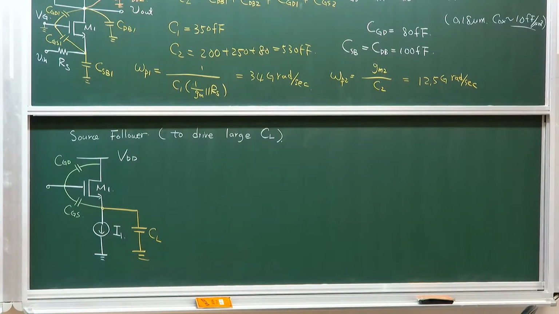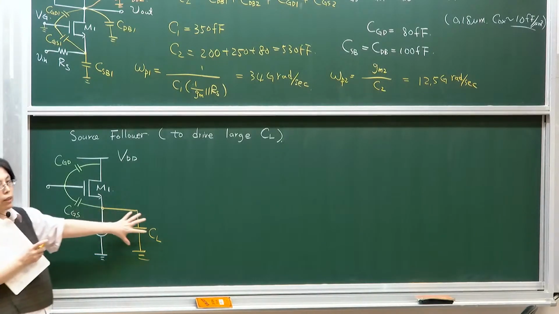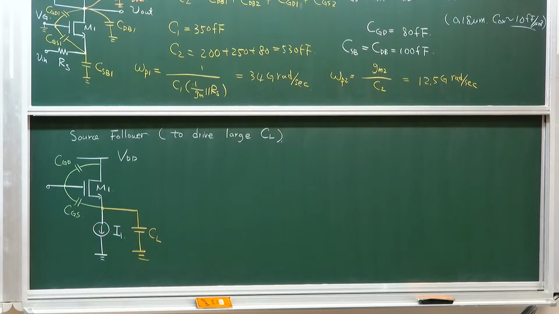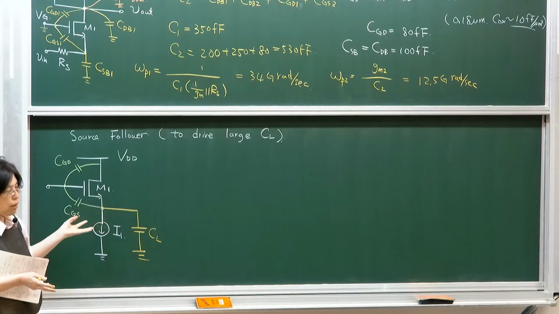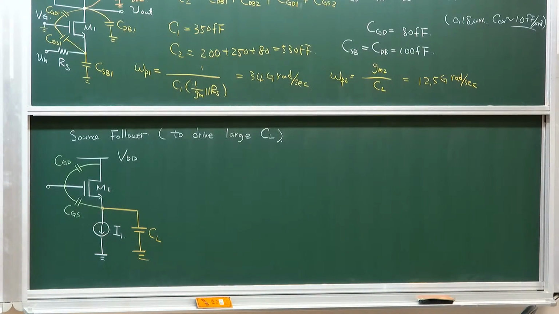Okay? So in this case, we'll then encounter two parasitic capacitances. We're going to ignore the source-to-body capacitance because this is much, much larger than all the parasitics. These are much, much smaller. So I'm simply going to ignore that. This is a large capacitance, so the CSB can typically be ignored. So we're going to only consider the effect of these three capacitances in the source follower circuit. Okay?